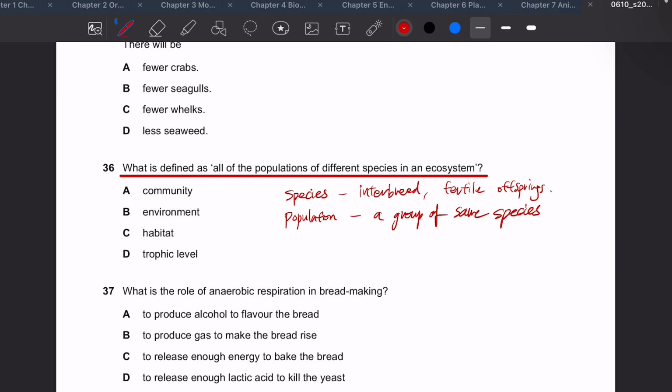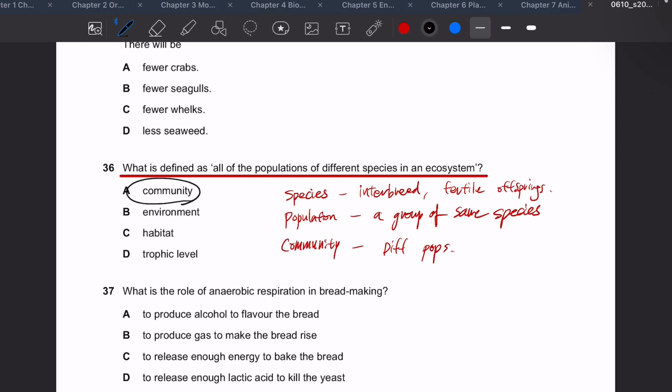So if different populations come together and gather around, they form a community. So number 36, all of the populations of different species in an ecosystem must be community.